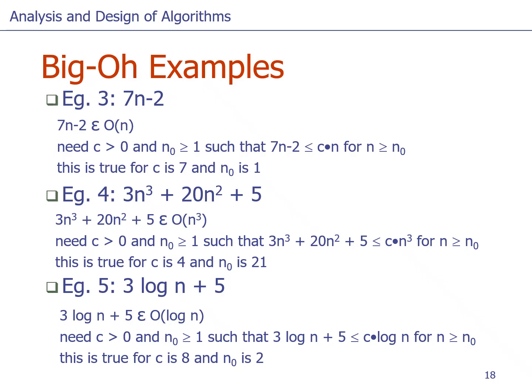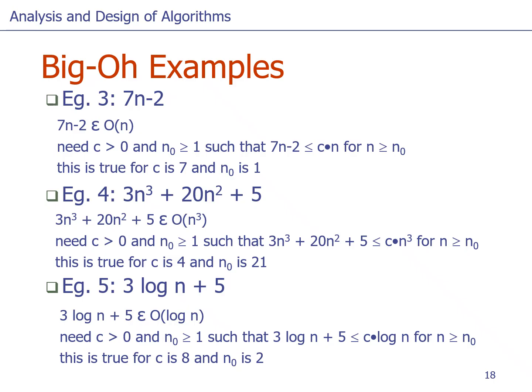If I would like to say that 3n cubed plus 20n squared plus 5 is in O of n cubed, then I need to find a c after which some variation of n cubed is above this curve we're looking at, 3n cubed plus 20n squared plus 5. Working out the math, I will start by saying, okay, so 3n cubed plus 20n squared plus 5 is less than or equal to some constant multiplied by n cubed.